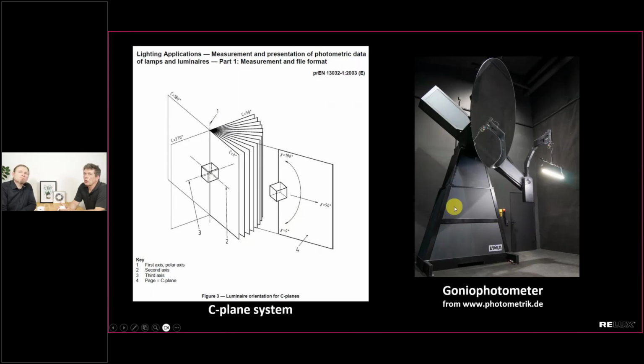Here we must also say that what we are finally using in our program, so the final IES or Eulumdat files, is not directly the measured data. It is also a little bit of prepared data. So we also recommend you not to use direct measurement data.